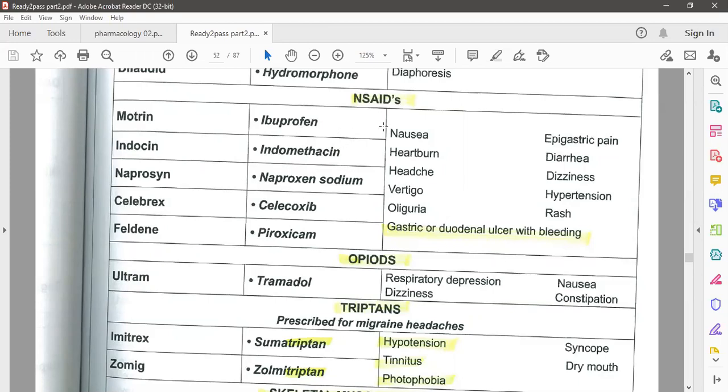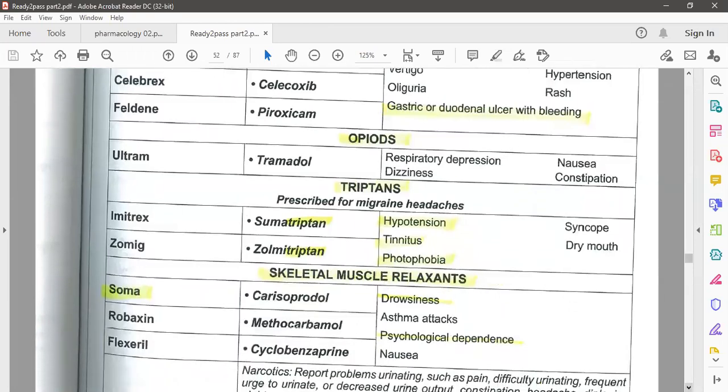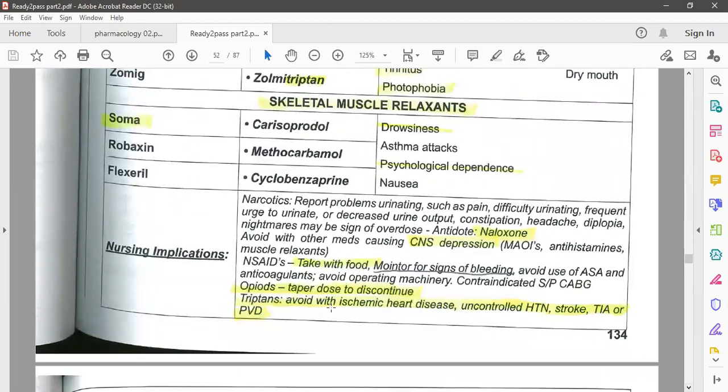NSAIDs, especially ibuprofen, indomethacin, naproxen, can also cause ototoxicity or photosensitivity. So let me read something, the information I share with you about NSAIDs. As I told you, better to take with food, and monitor for signs of bleeding.